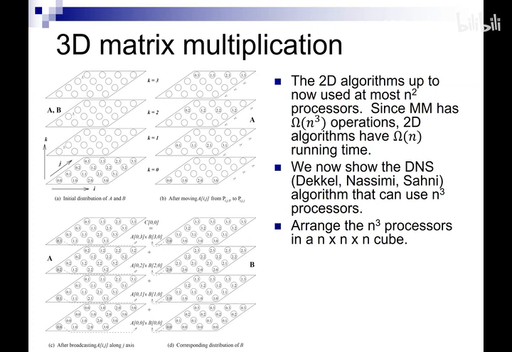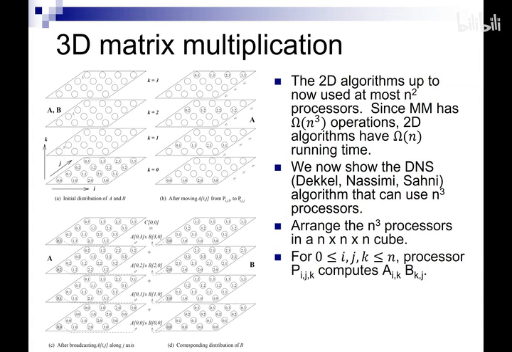So the way this is going to work is that if we're going to use n cubed processors, we're going to arrange the processors in an n by n by n cube. So the matrix itself is n by n, but we're going to use an n by n by n cube of processors. Each of the processors is just going to compute one of the values of the output.